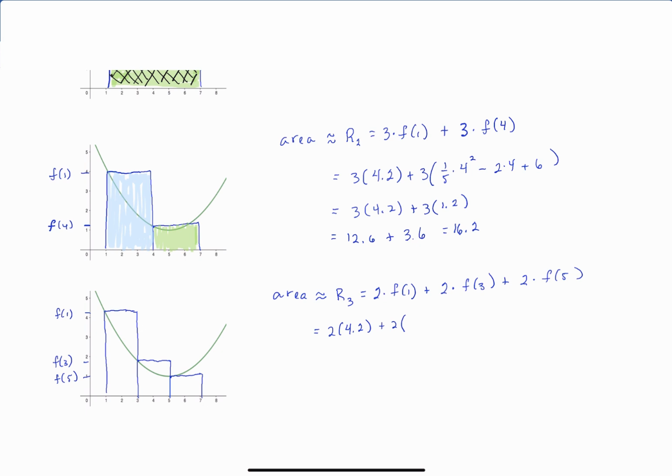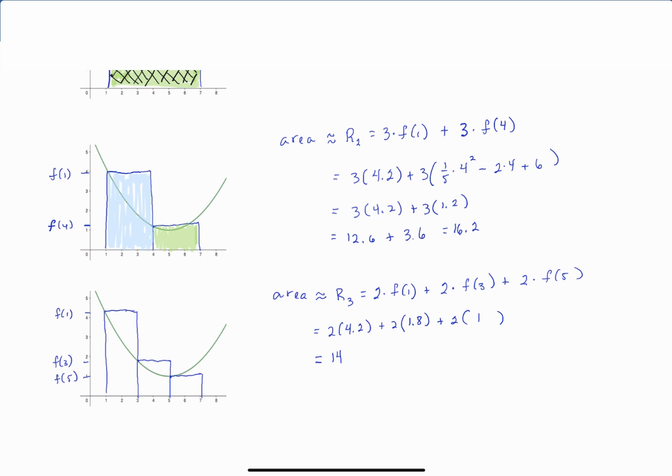But for f of 3, I'm getting 1.8. And for f of 5, I'm getting 1. So those total up to 14. So that's our still better approximation of the area that we want under the curve.